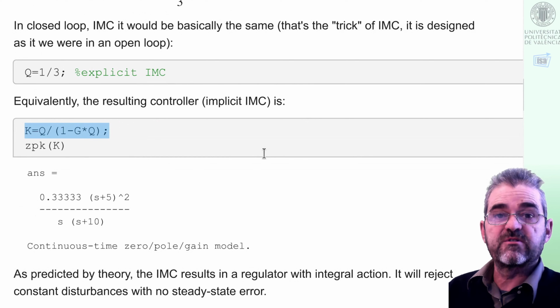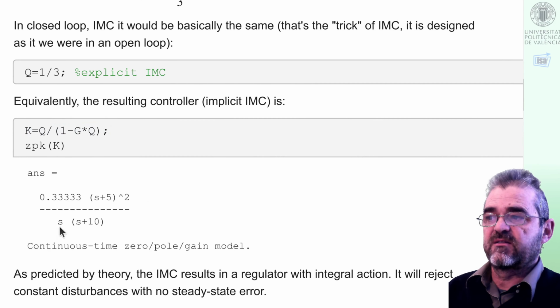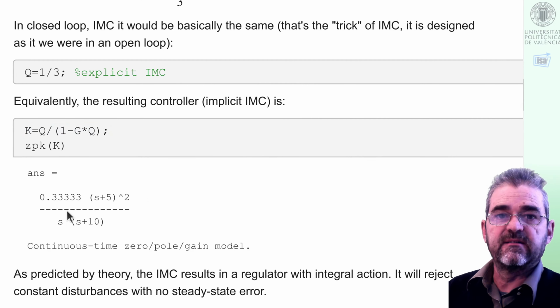This formula transforms an IMC controller to a standard one, in which input is error. So this is the actual regulator we are designing.